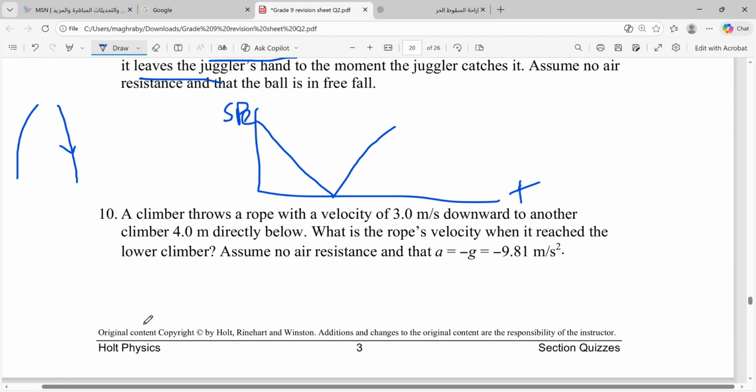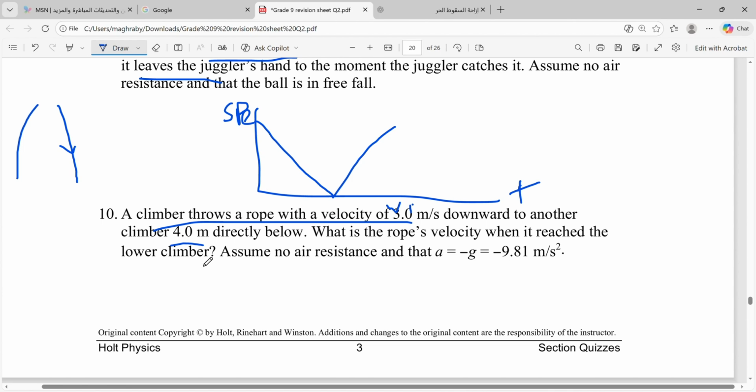Next one. A climber throws a rope with velocity 3. Okay, this is V initial. Downward to another climber 4.